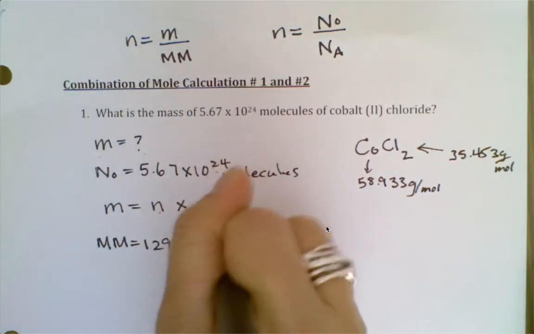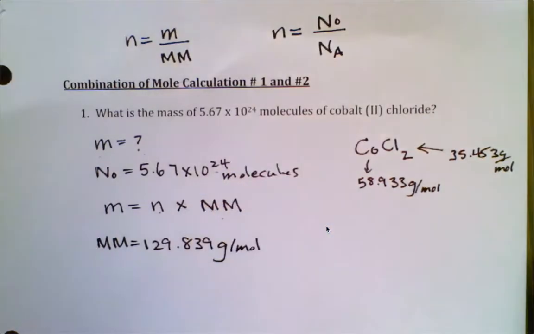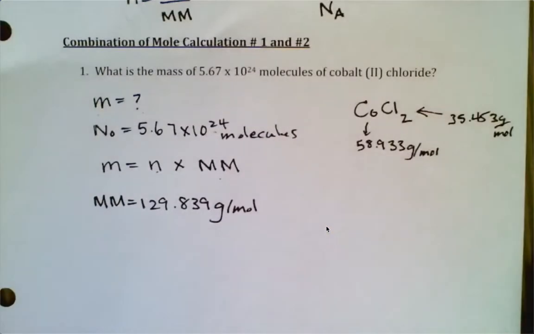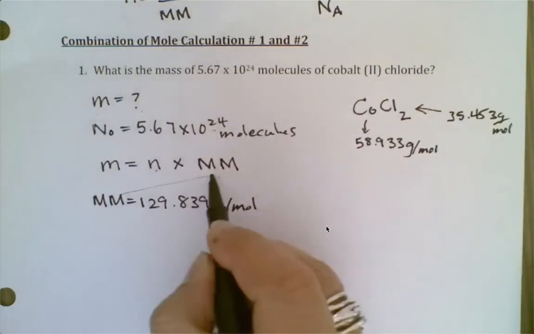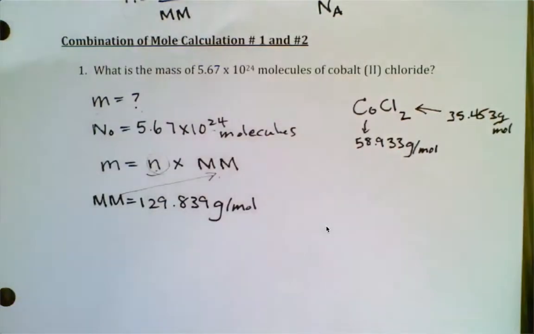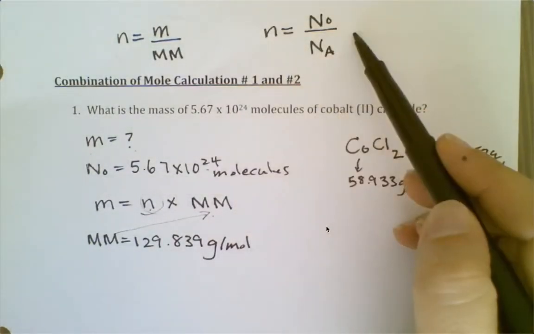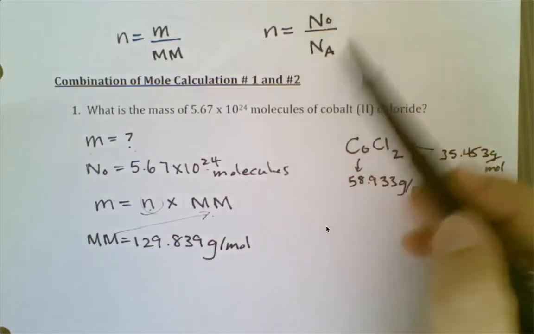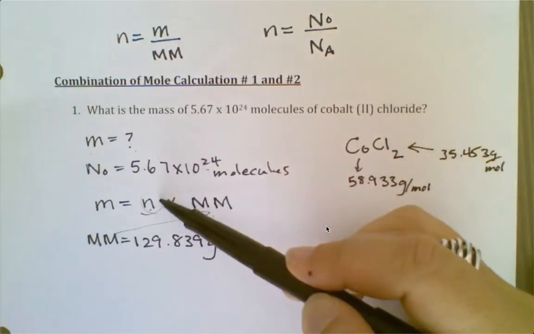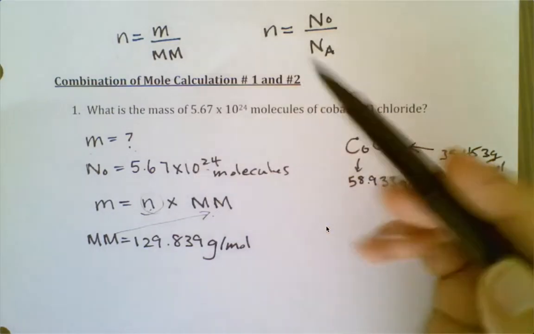And I don't want to drop any digits at this point, because if you start rounding too early, then you are going to get an inaccurate answer at the end. So I have molar mass, which is perfect. I do not have moles. So what I need to do is go and look at the second mole equation, and I'm going to substitute this calculation in for moles because I'm given number of molecules.